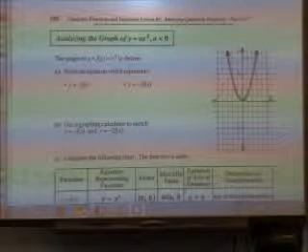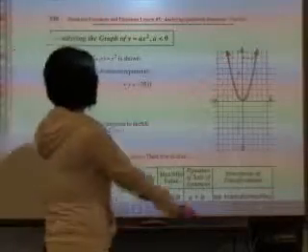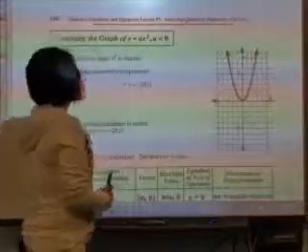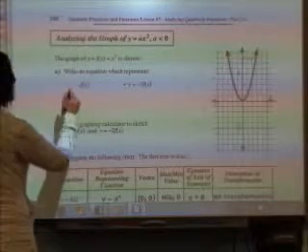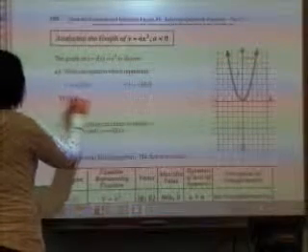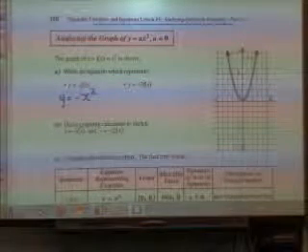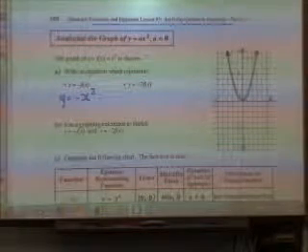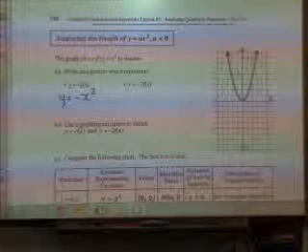What happens if I make this negative now? So this is my equation, y equals x squared. If I wanted y equals negative f of x, I would have negative x squared. So the question I have for you is, is the negative with the x or with the y?